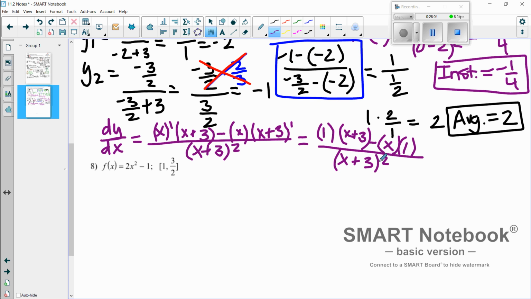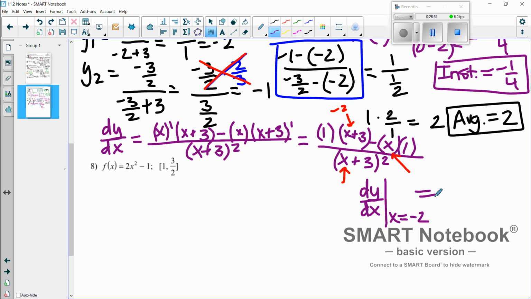And so you could take this and plug it in for all these x's, right? -2 here, -2 here, and -2 here. Or you could simplify the top a little bit, okay? But remember, when we write our notation, it's going to have to be in this form, right? dy over dx at the leftmost interval of x equals -2, okay?